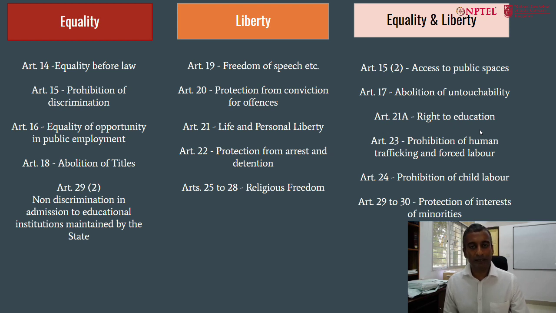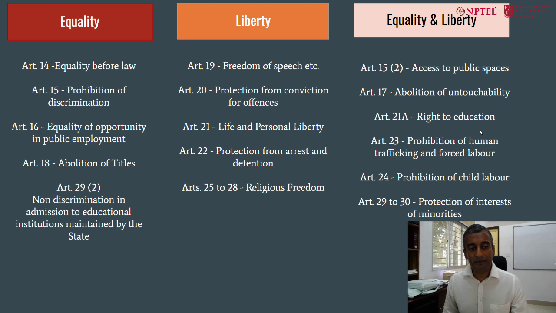On equality, Article 14 guarantees all of us equality before the law and the equal protection of the laws. Now, these are very broad phrases, and we will spend some time unpacking what these phrases mean. But Article 14 is not the only equality article.